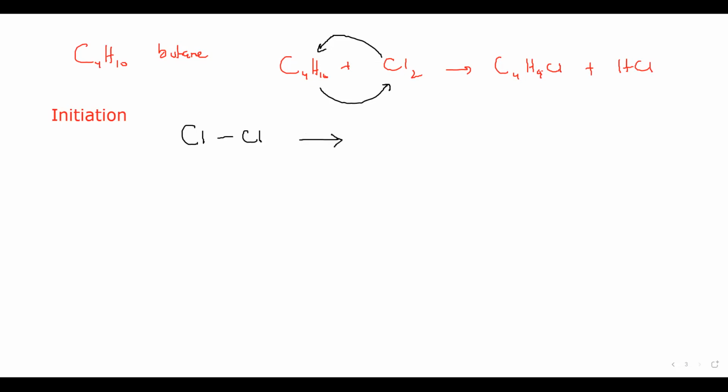Instead of showing it in this manner, I can write it as Cl2. So Cl2 will form 2 chlorine radicals. Or if you want to show a chlorine molecule, you can represent it in this manner. It forms 2 chlorine free radicals. Then propagation.